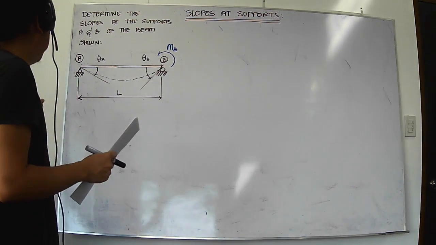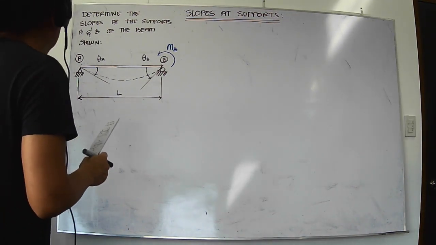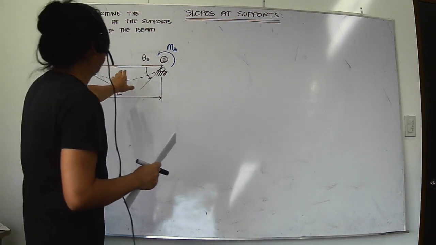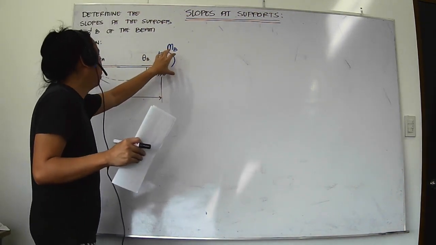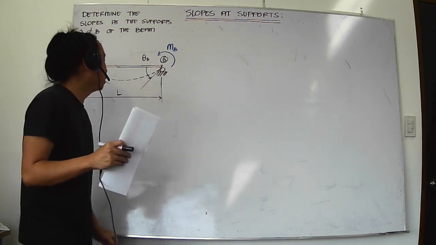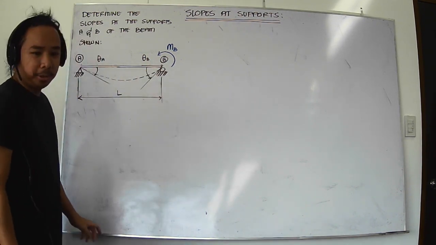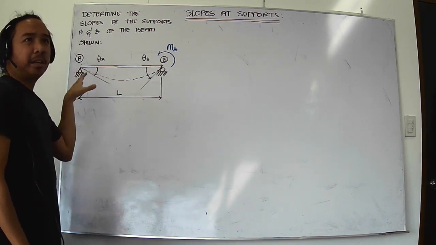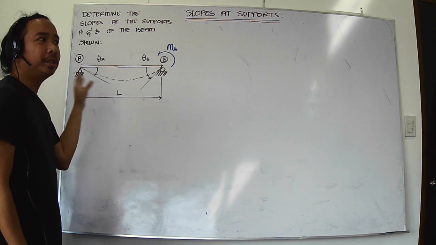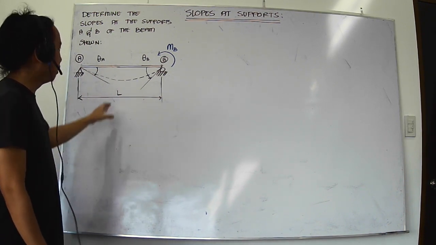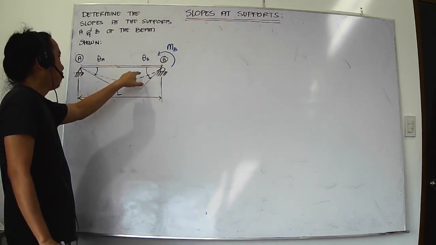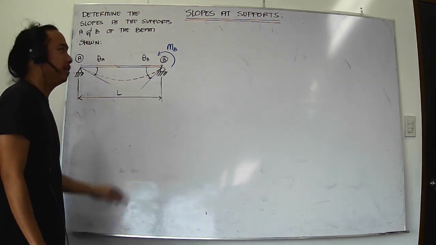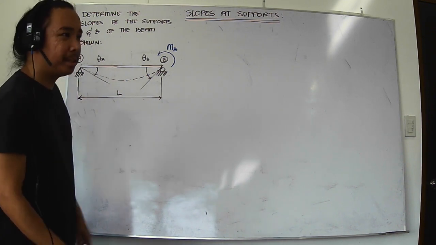So we're given another problem, which is to determine the slopes at the supports A and B of the beam shown. But in this case, a moment is applied at B and that introduces the rotation. Although we can use the analogy, the common sense technique, to solve this, it is MBL over 3EI, that one over 6, right?